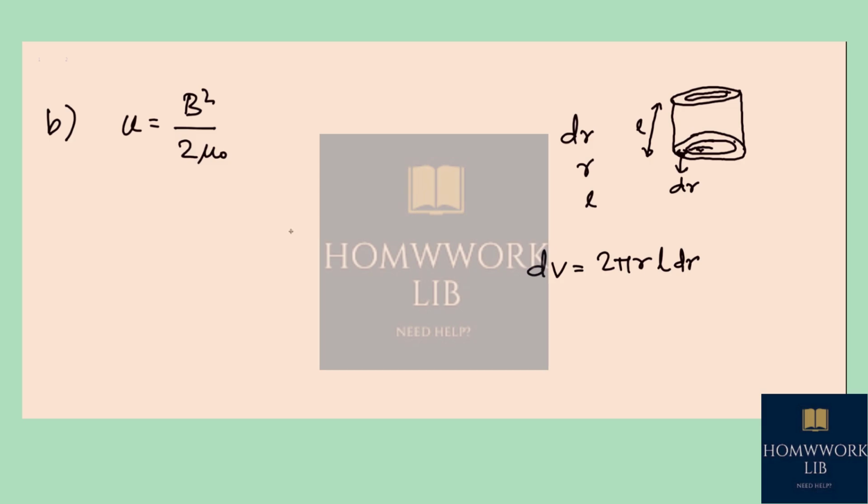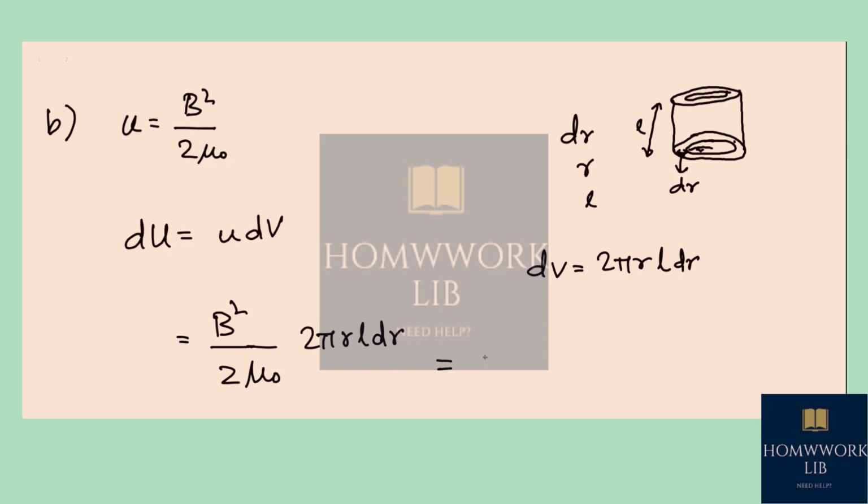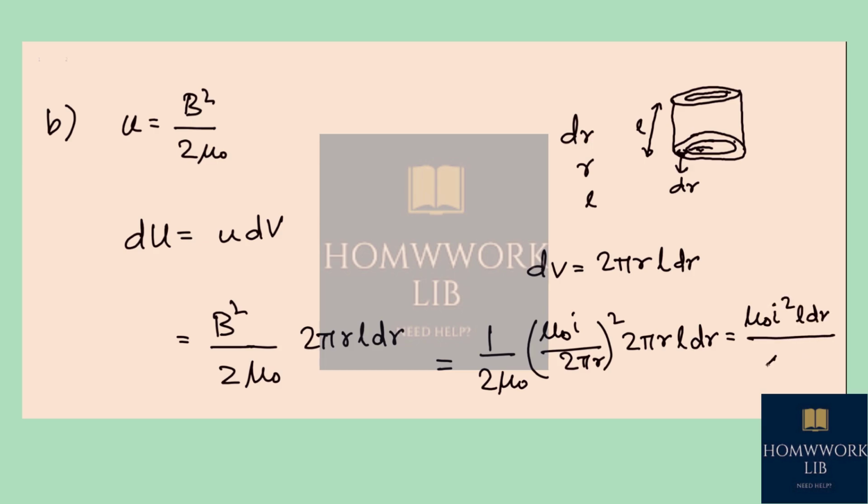So once we know dV, we know that the energy stored in this thin cylindrical shell will be dU, which is equal to little u times dV, which is equal to B squared by 2 mu naught times 2 pi r L dr. Now if we substitute the expression for B, which we got from the previous part, we have dU equals 1 over 2 mu naught, then mu naught I divided by 2 pi r, squared, times 2 pi r L dr, which is equal to mu naught I squared L dr divided by 4 pi r.